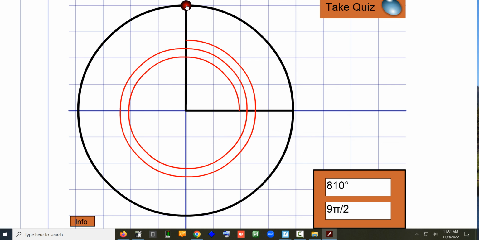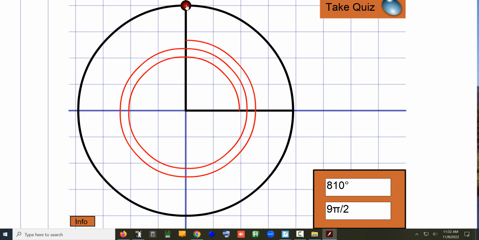Now, if I had to do a problem involving an angle 810 degrees, for most things that we do in trig, any angle that's coterminal with 810 could be used to do the problem. I would rather not use 810. I would rather make it smaller.